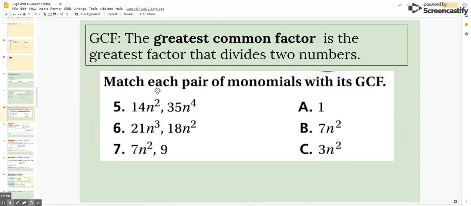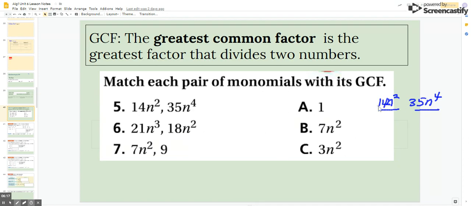All right, we're going to match each pair of monomials with a GCF here. So let's look at number 5. We have 14n squared and 35n to the 4th power. Let's find the common factor between these two.